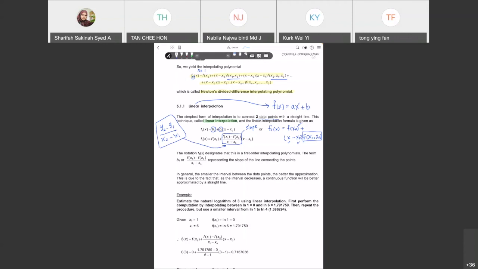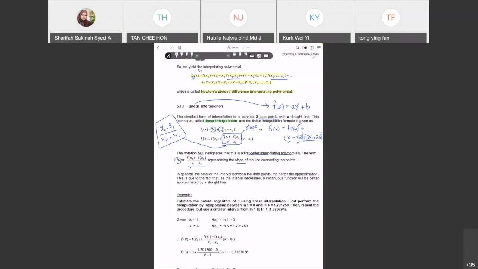The notation f1(x) designates that this is the first order interpolating polynomial. The term b1 represents the slope of the line connecting the points. Actually this formula comes from the formula for drawing a linear graph.